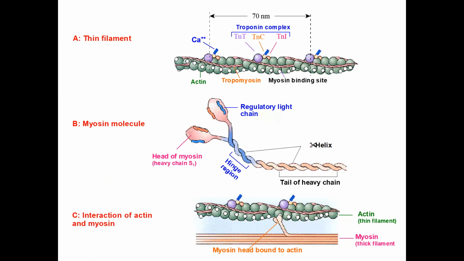If the name says regulatory, it means it regulates something. What does it regulate? It regulates the ATPase activity of the head. Okay, if there will be more activity in breakdown of ATP or less. That is the regulatory function of this regulatory light chain.